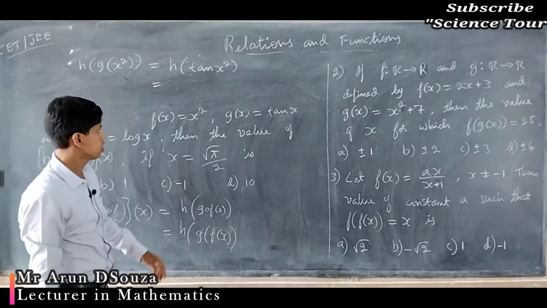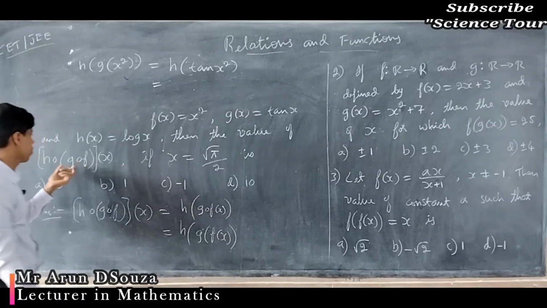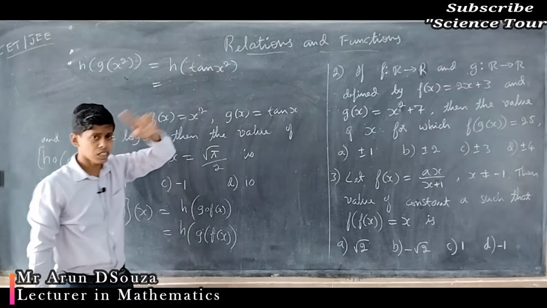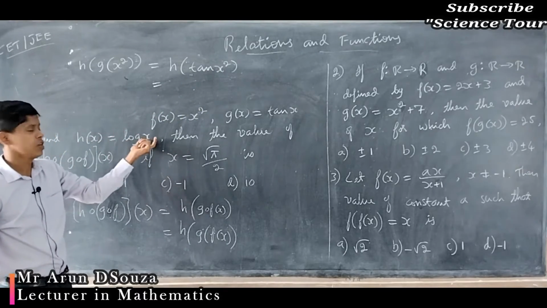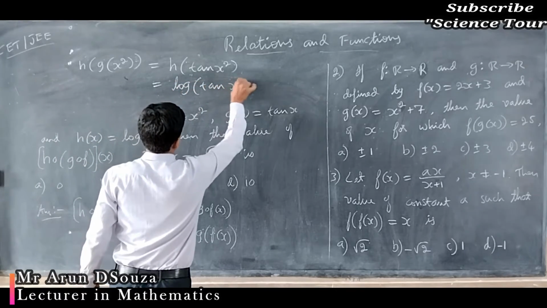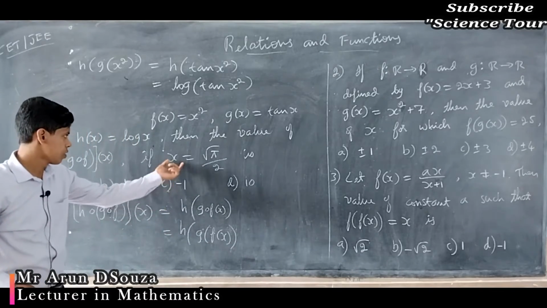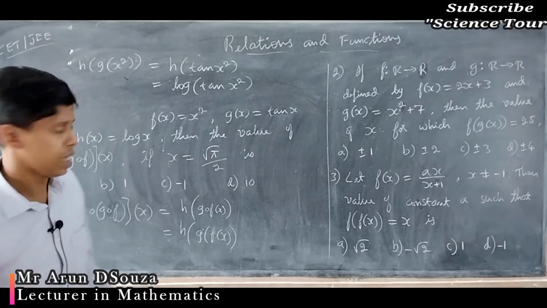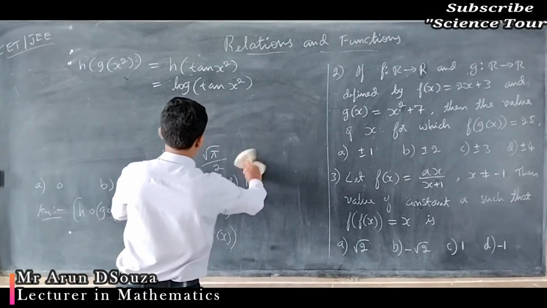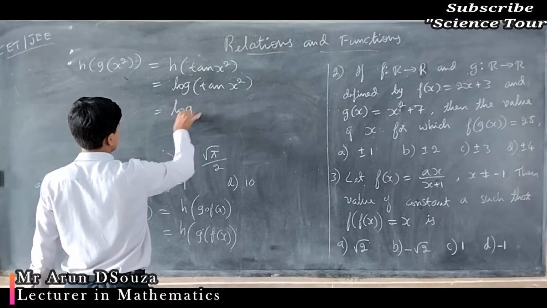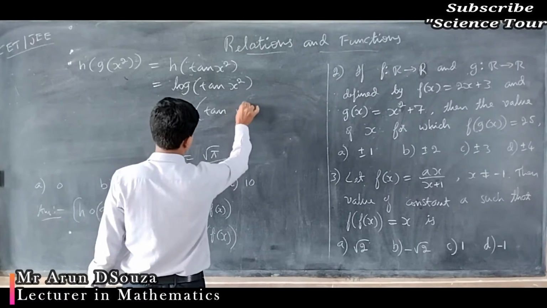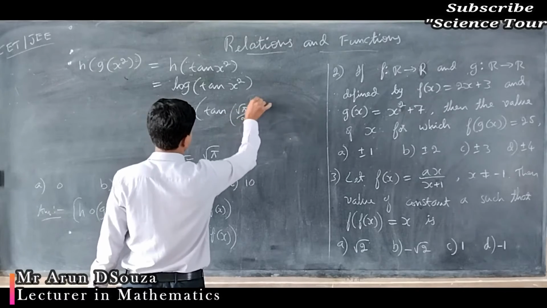Now next, you got to look at h of x formula. What is h of x? Log x. So in place of x we have got tan x square. Therefore that would be log of tan x square. Now what is the value of x given? Root pi by 2. Let's substitute. So log of tan of root pi by 2 whole square.